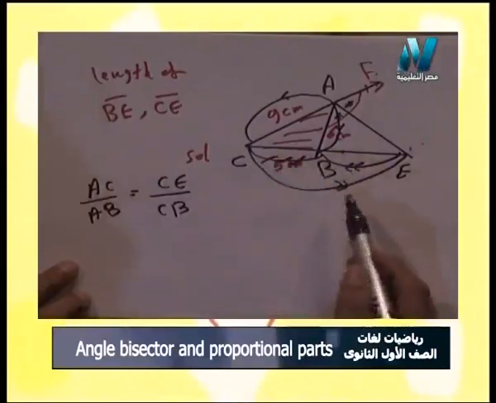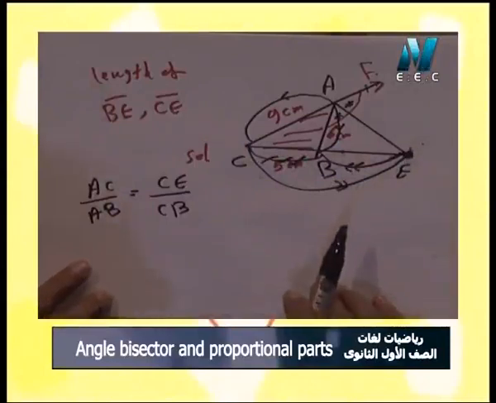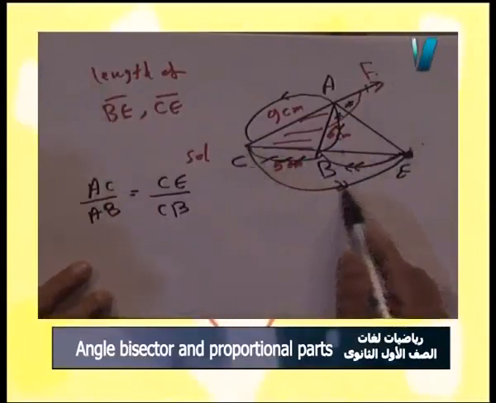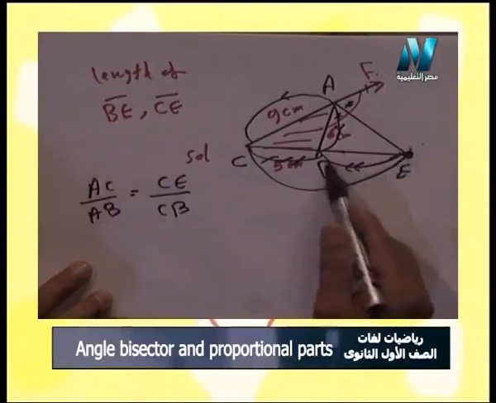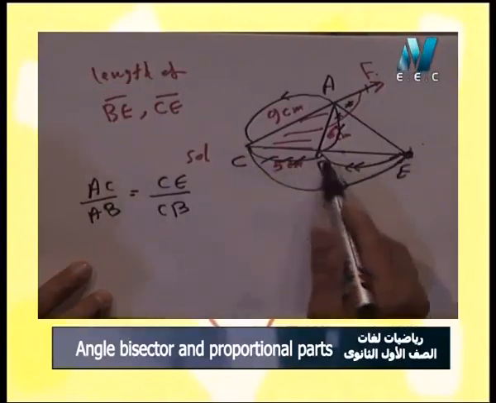We return again from E. We concentrate on the point E, so we go to E here and return from it to B. So we say CE over EB.